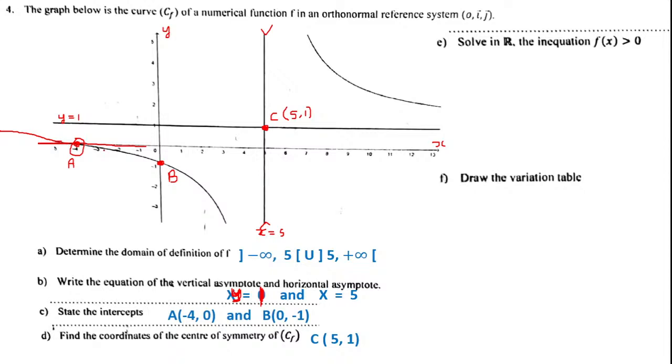But from -4 from above right down to 5 from below, this curve is having negative y values. So we should leave out this region, from -4 to 0 to 5. From x equals -4 to 5, we see that in this interval, the values of y are negative.